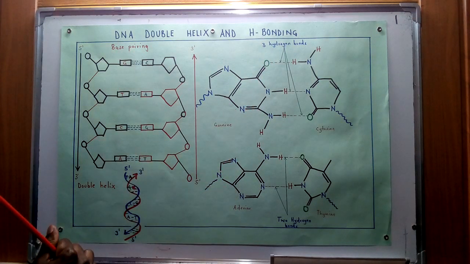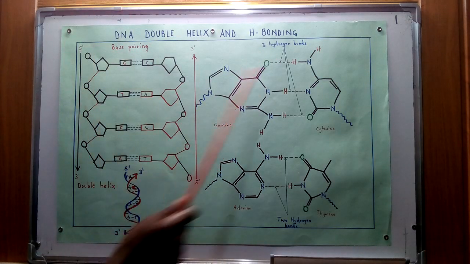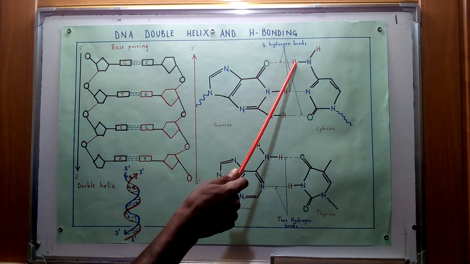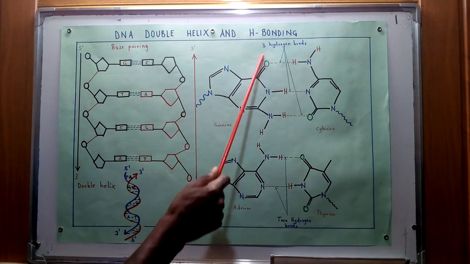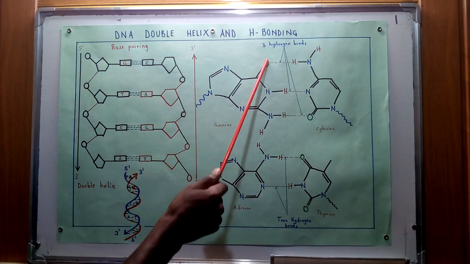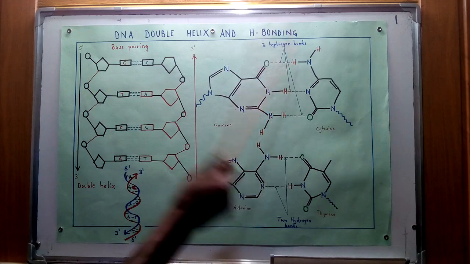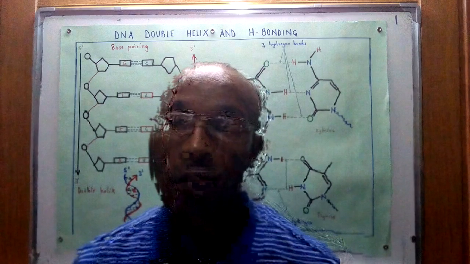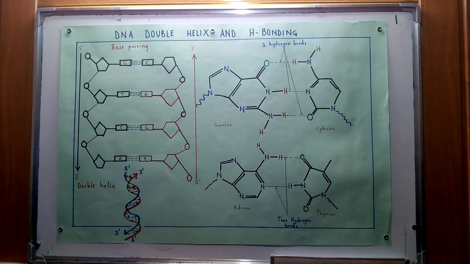We have already talked about the concept of electronegativity in one of our videos. So if this hydrogen is attached to this one, this is an electronegative atom found on this side, whereas the cytosine is going to form this specific hydrogen bonding.